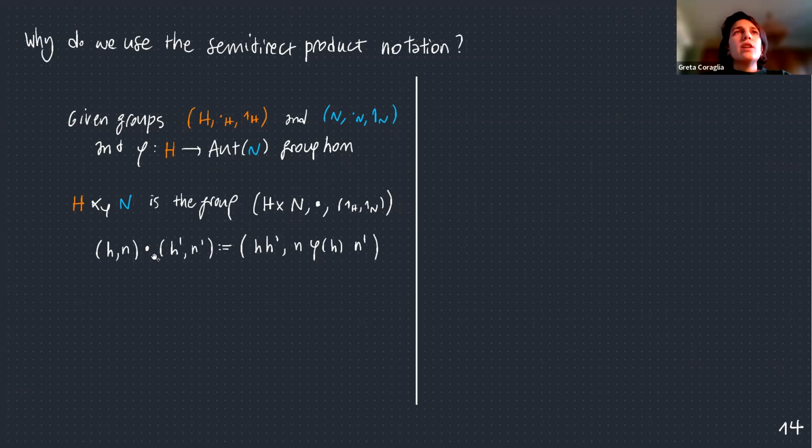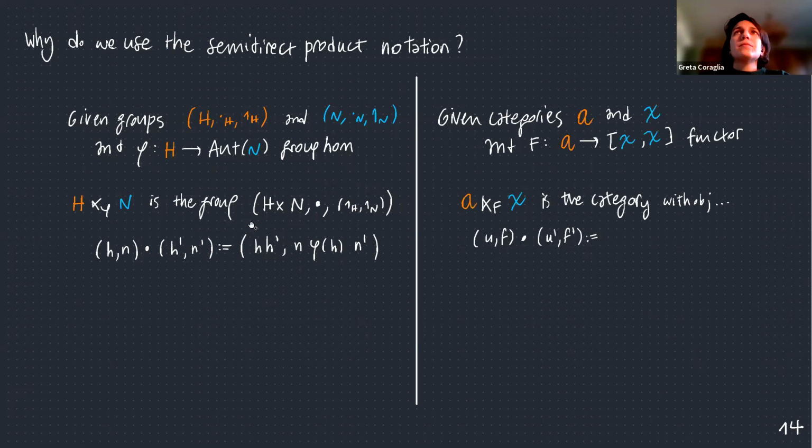As a composition, it has in the first component just the H multiplication, and in the second component it uses phi to describe how N and N prime should be related. And this is not so far from what happens in our case.